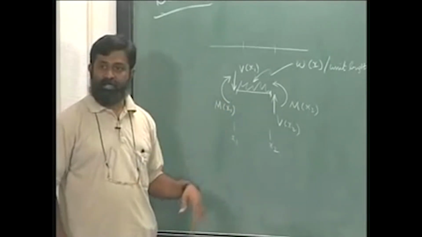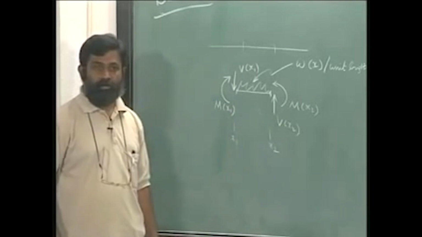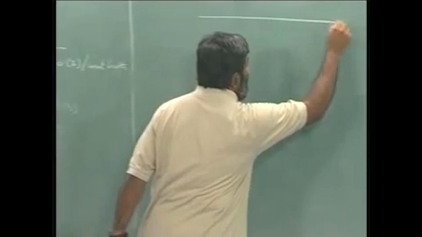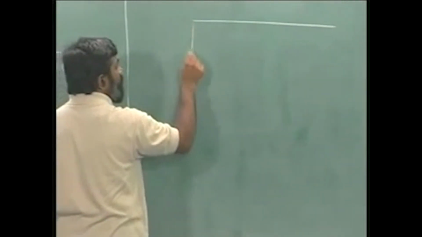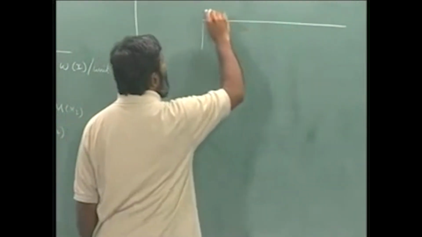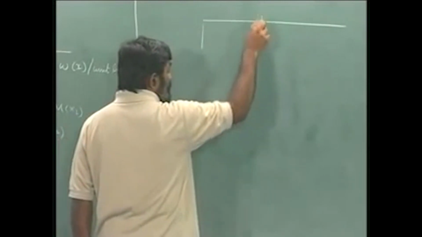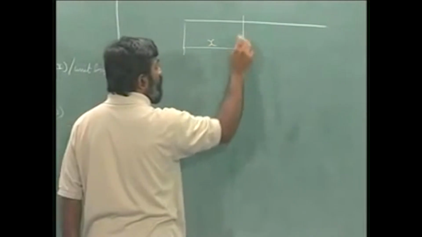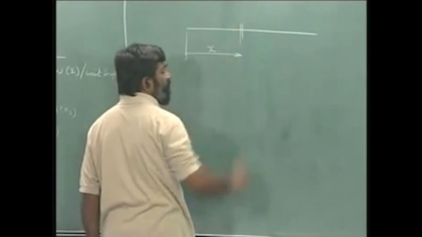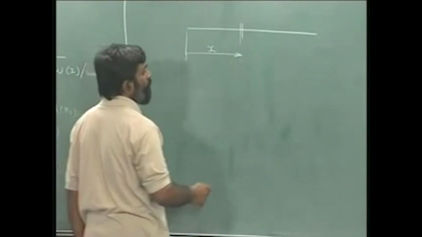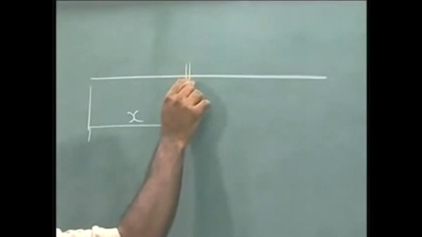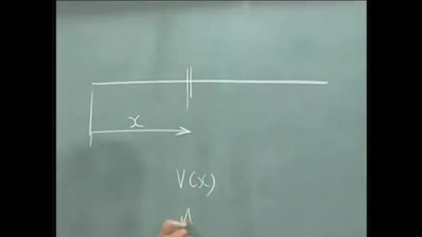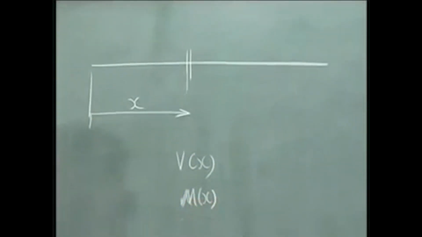Let us do that exercise a little bit more rigorously. So, I am going to take, let us say this is the reference point, there are some forces acting. Let us say I am bothered about a section at x, and I would like to know how the shear force V of x and M of x is varying.